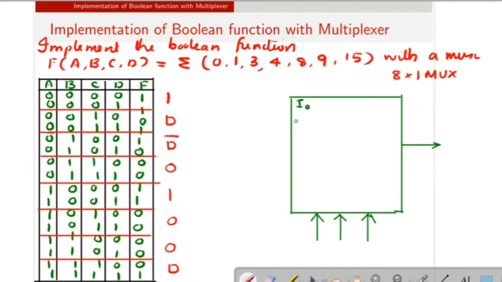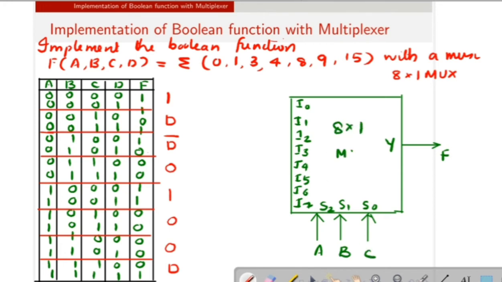Inputs are I0, I1, I2, I3, I4, I5, I6 and I7. Selection lines S2, S1, S0 and output is Y. So here output Y is F. Selection lines are A, B, C, and this is a 8x1 mux.